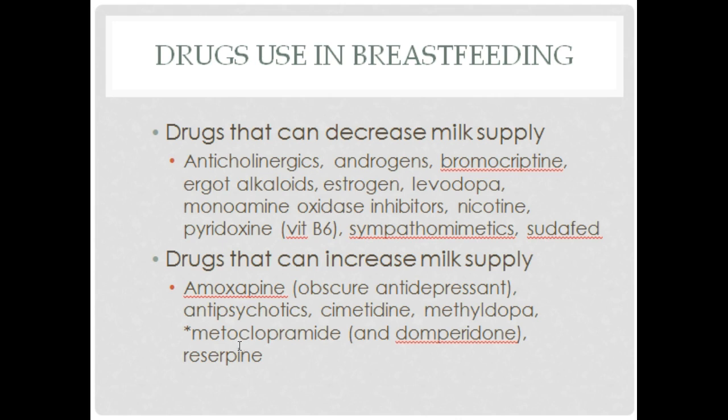Sometimes you'll see practitioners give maybe a 10-day course of metoclopramide, and that boosts a woman's milk supply, and then she's done, and that can help her from there. I've seen that be successful, and I've also seen it tip off once the 10-day course is done. But it crosses the blood-brain barrier, and there are a few different side effects that can be a little bit concerning with Reglan, especially given that it's not FDA approved.